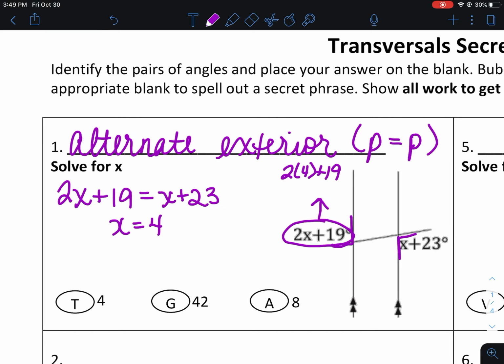That's going to be 27 degrees. And then for this one, we have 4 plus 23, and that's just 27 degrees. So we get 27 for both. They were supposed to be equal to each other, and they are, so that's good. So that means that the answer is T.